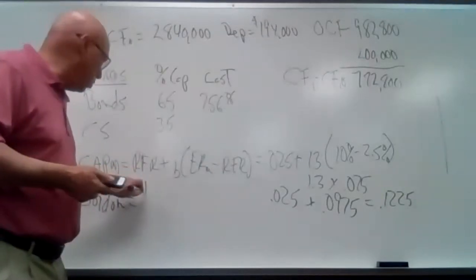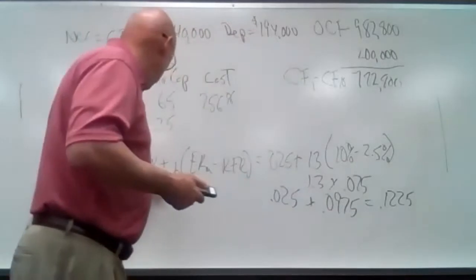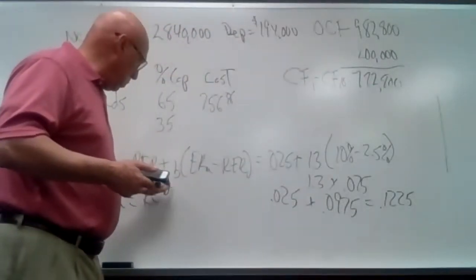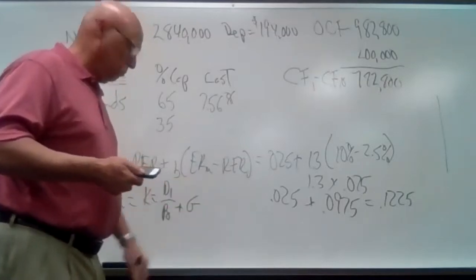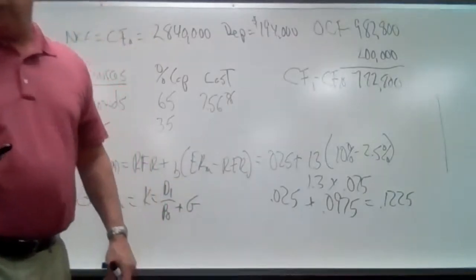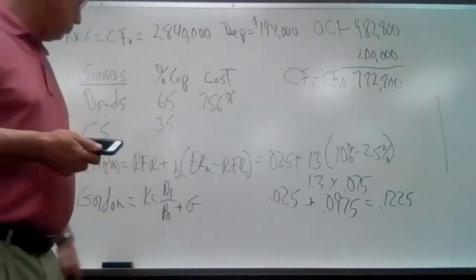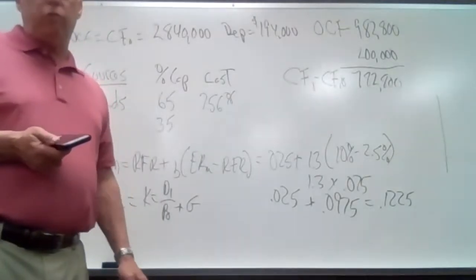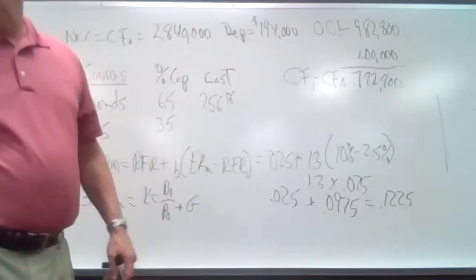Now we're going to do Gordon. And Gordon is K equals D1 over P0 plus g. And you're going, why did Dr. E list 5 dividends? Why did I list 5 dividends? Do I give you the growth rate? No. Why did I list 5 dividends?